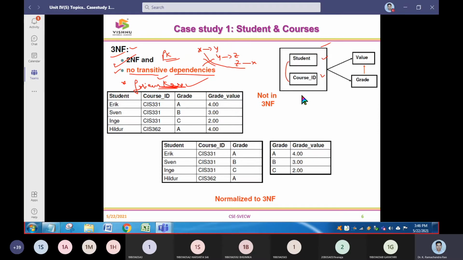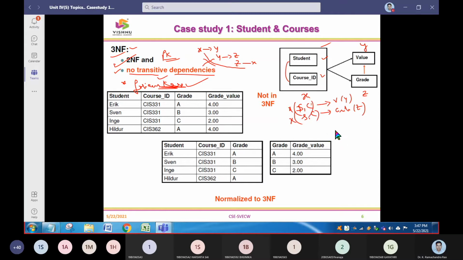Now let me put student and course as X, let me put value as Y, and let us put grade as Z. Now student and course are related to grade, right? Grade means Z here. SC means X here, right?